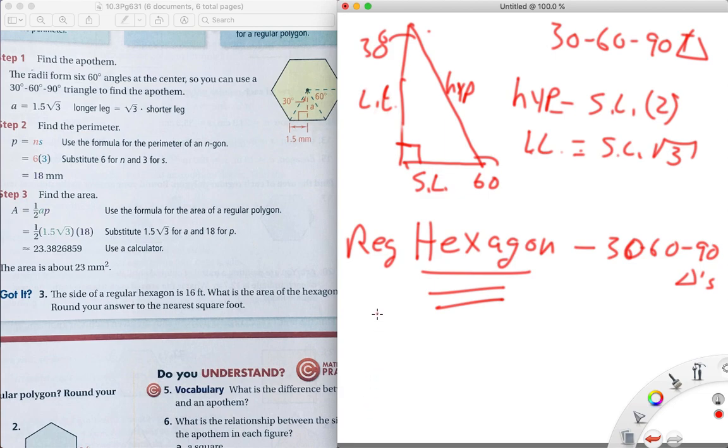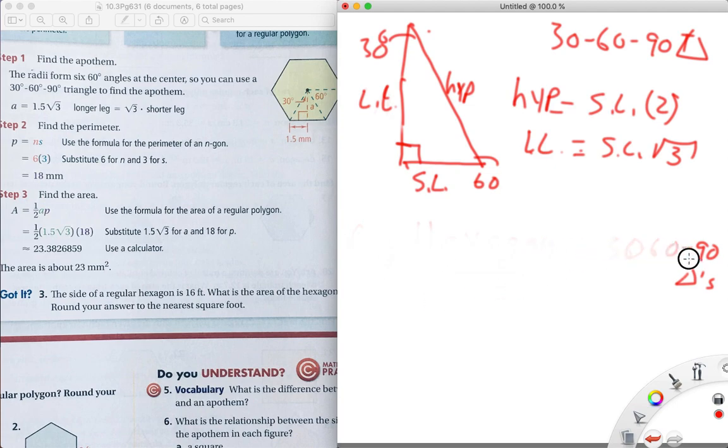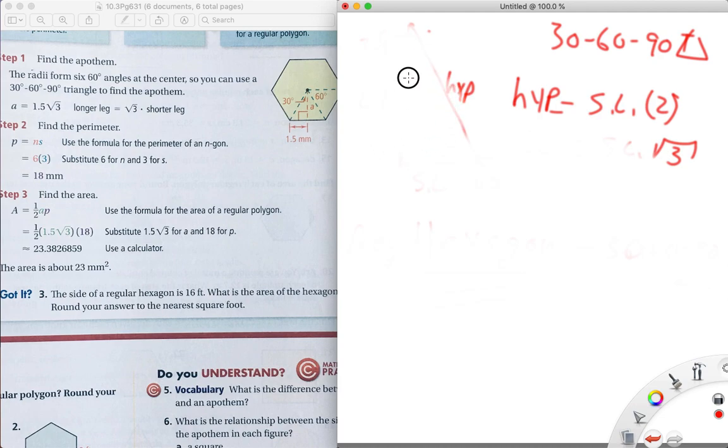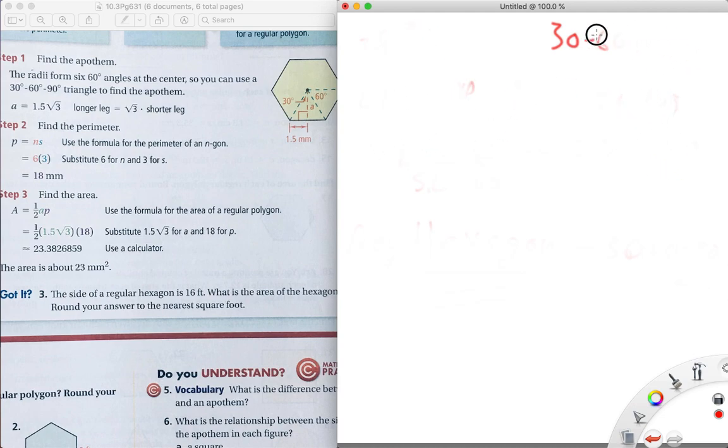It's going to help you with a lot of these problems, because when you get tested on this, I can guarantee you're going to see at least one 30, 60, 90 or one 45, 45, 90. So I would put that into my mental Rolodex, if you guys even know what a Rolodex is, and remember that when you have a regular hexagon, you're going to have a 30, 60, 90 triangle.